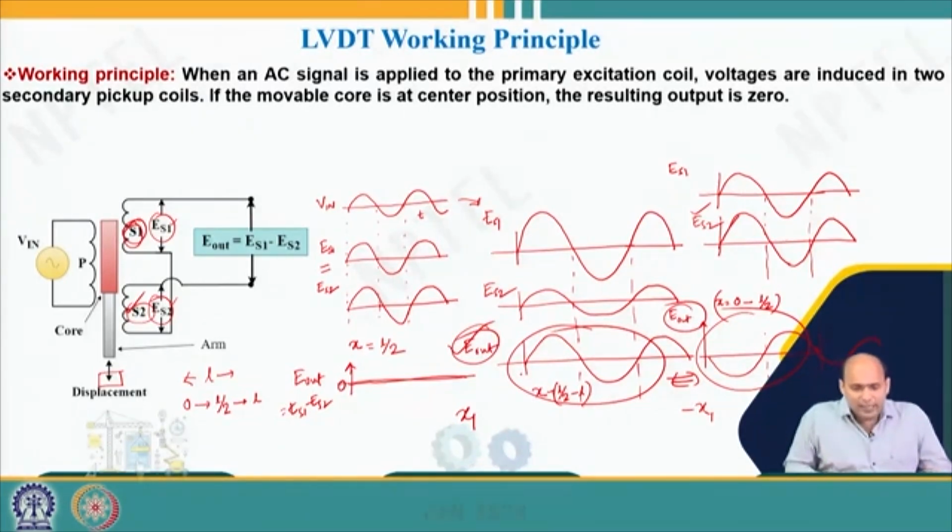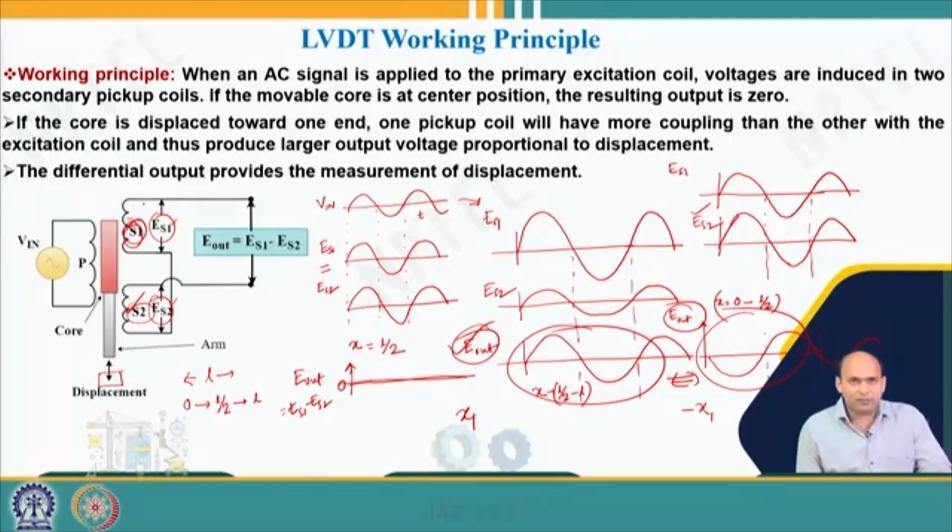Because as we know, displacement is a vector quantity which has both magnitude as well as direction. So if the core is at mid position, I will get output 0. If it is towards S1, I will get positive output. If it is towards S2, I will get negative output. That is basically the phase difference I will get, is not it?